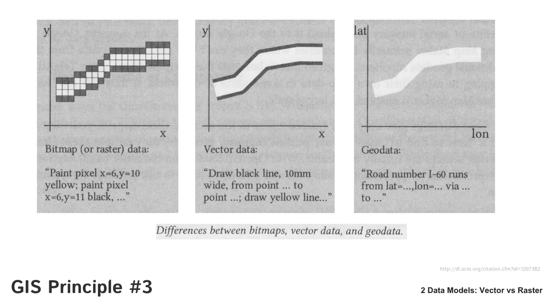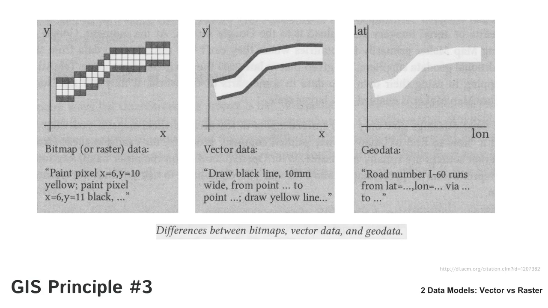term called geodata. Everything in vector and everything in raster that we're utilizing in GIS is going to have a coordinate system, on a y-axis and an x-axis. When we introduce a geographic or geodetic space, the space of our world, we start to use the term geodata.